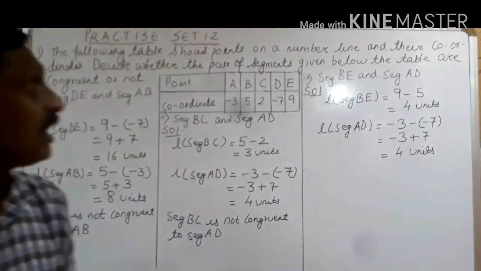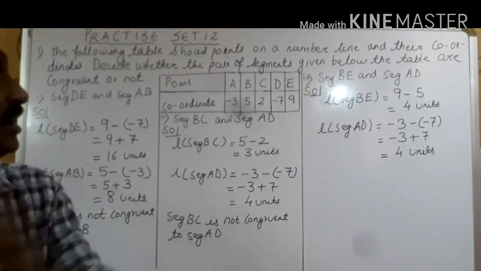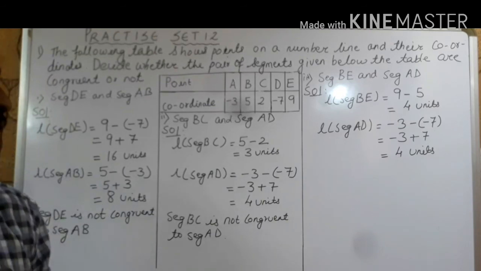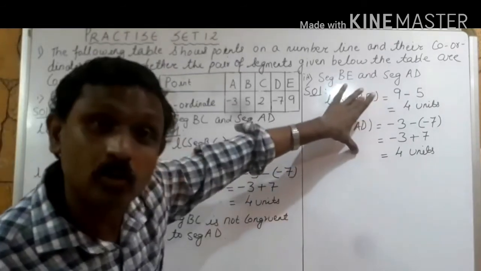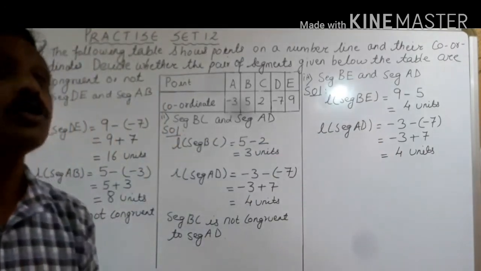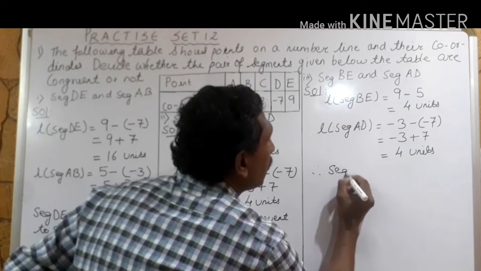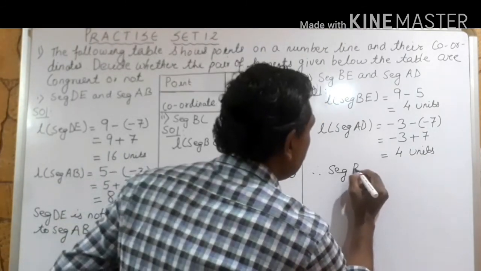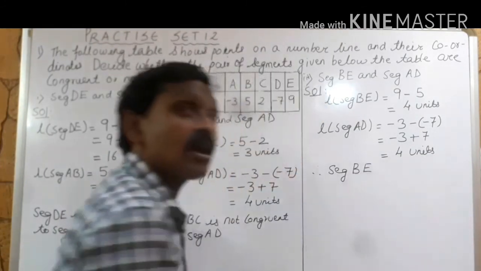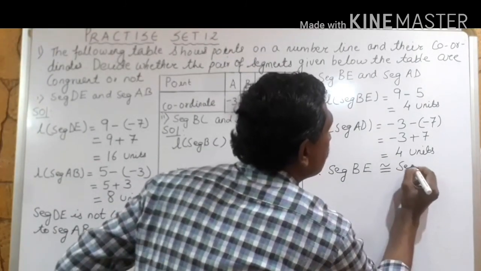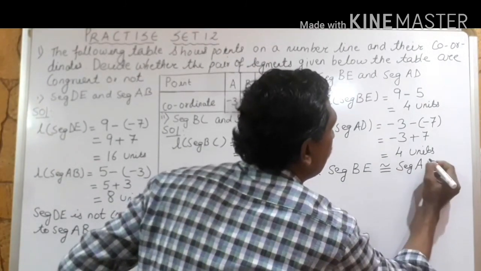Now we have got length of segment BE as 4 units and length of segment AD as 4 units. Now are they equal? Yes, they are equal. So we can write, therefore segment BE is congruent to segment AD.